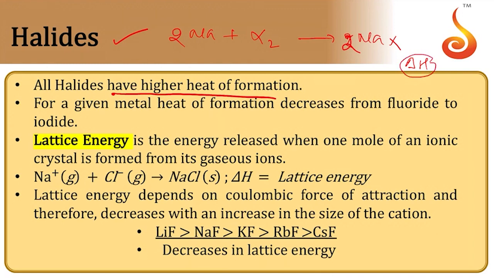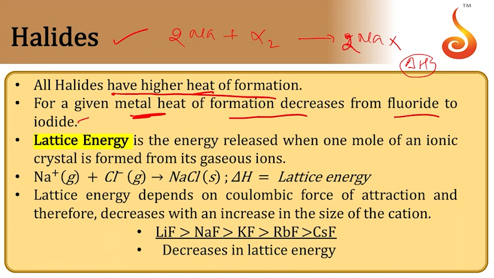The delta H value itself is called the heat of formation, for 1 mole. All halides have higher heat of formation. And for a given metal, heat of formation decreases from fluoride to iodide.